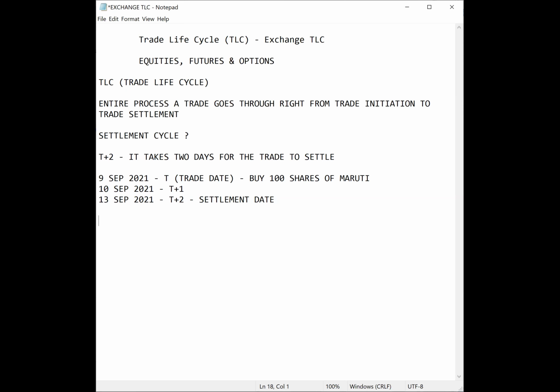There is a seller also. Somebody needs to collect money from the buyer, somebody needs to collect money and shares from the seller, somebody needs to transfer those shares to the buyer, right? All this happens in the background. That is what we mean by trade life cycle. A lot of steps in between need to happen, and that is why it takes 2 days to settle, because a lot of formalities need to be done on the back end.